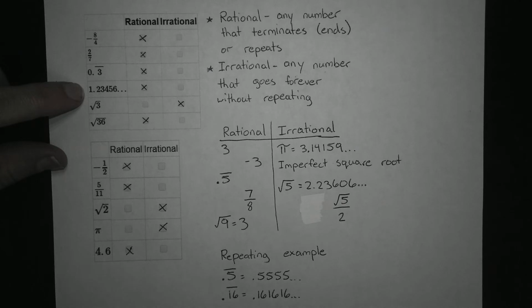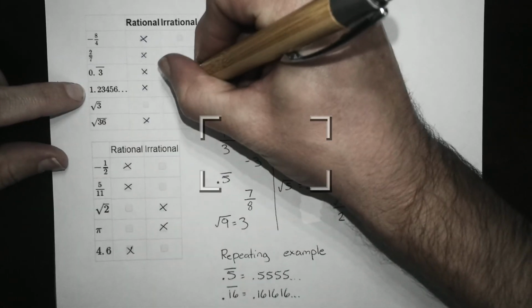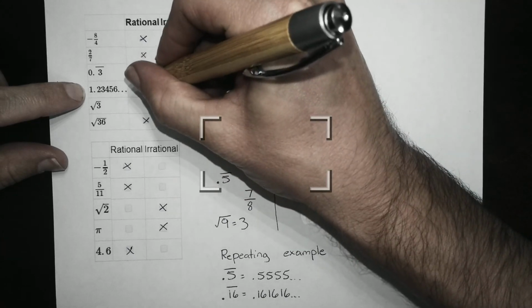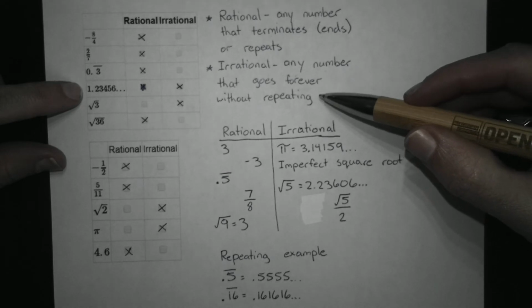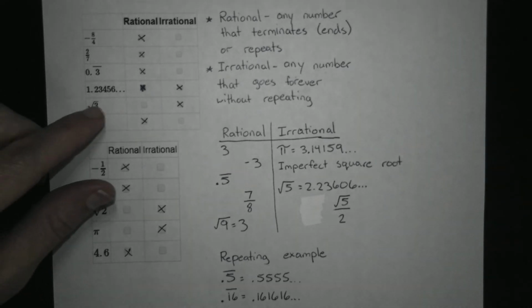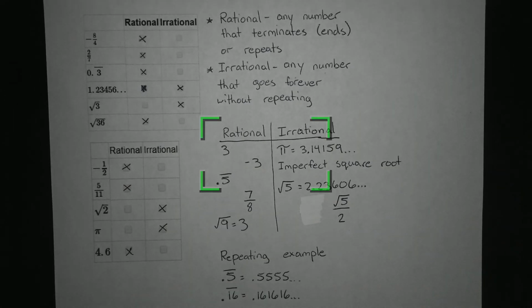So it is actually irrational. My mistake, I did that so quick, I made a mistake. So let me fix that. That is irrational, because it is going on forever without repeating. No number there is repeating. We recognize a pattern, but it's not repeating.